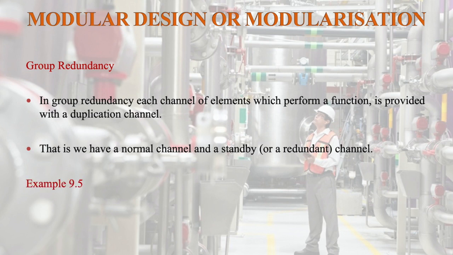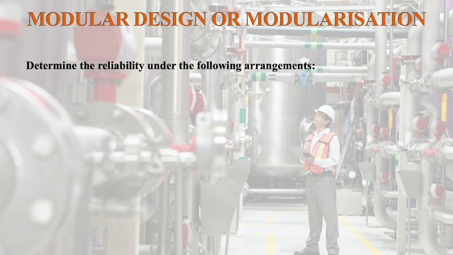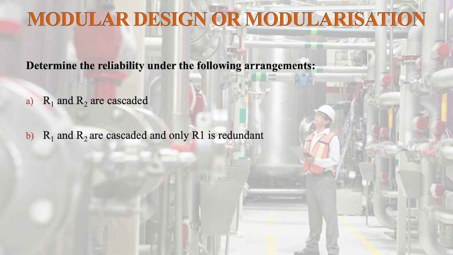Example 9.5. 2 group systems R1, R2 have reliability 0.5 and 0.8 respectively. Determine the reliability under the following arrangements. R1 and R2 are cascaded. R1 and R2 are cascaded and only R1 is redundant.